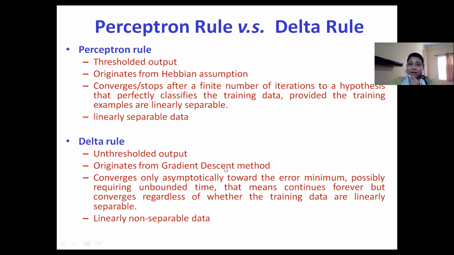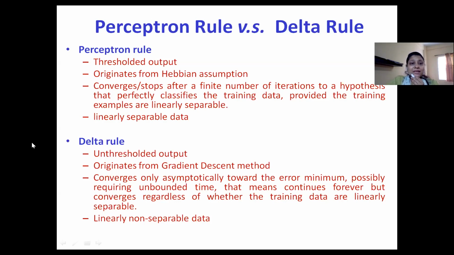So in the next class, we would start from this gradient descent method first of all, because we have already mentioned in the perceptron topic that we have gathered a little bit of idea about the gradient descent method. But obviously, if it comes as a short note in the semester exam, then we would have to know a little bit more about how this particular method works, and that will be covered in the next class.